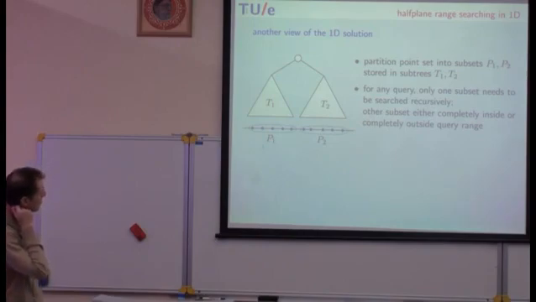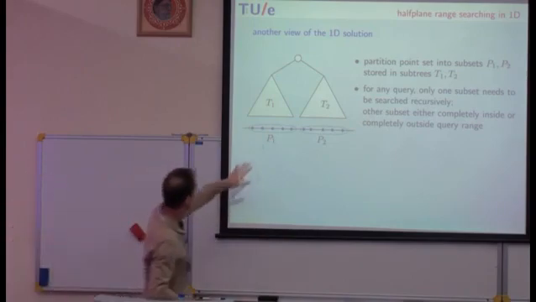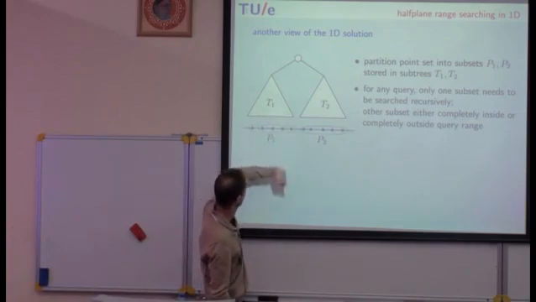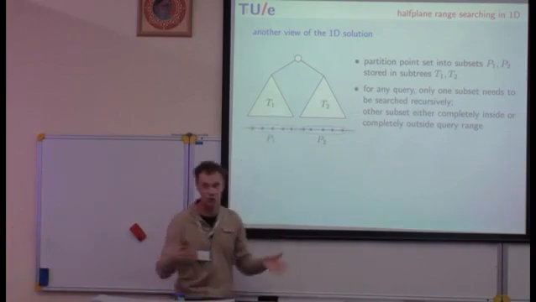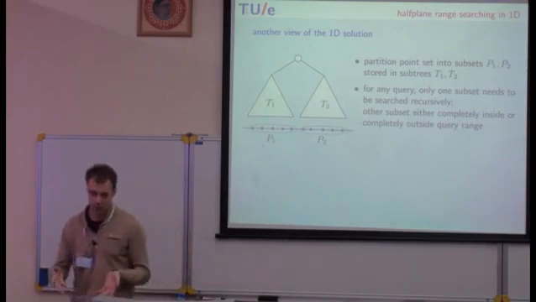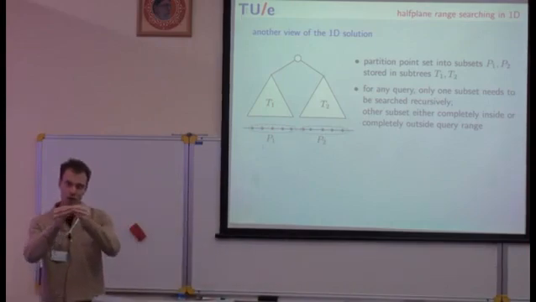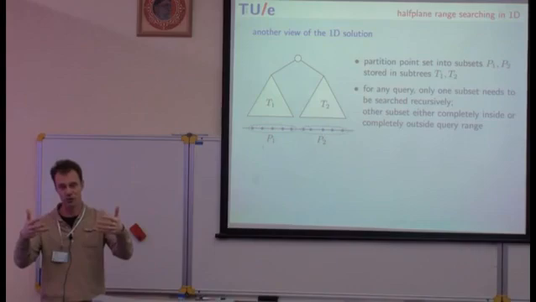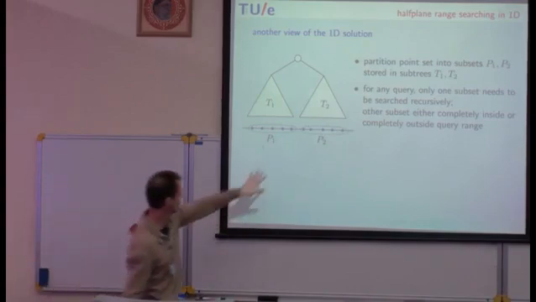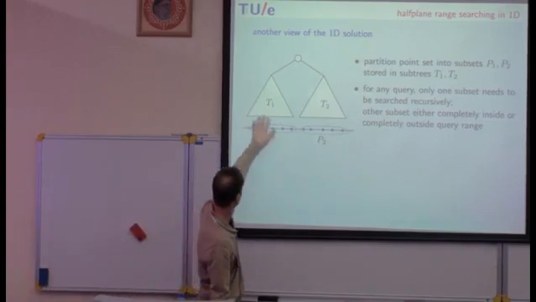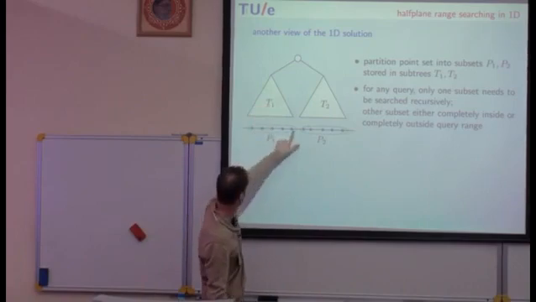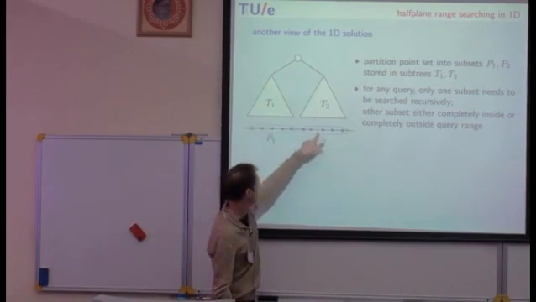So essentially what happens is that I have my set of points. They're stored in this tree. And if you think about it, you have the root and you have two subtrees. So that corresponds to two subsets. The subtree T1 corresponds to these points, P1, here P2.